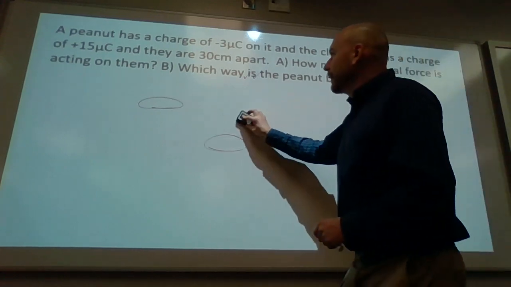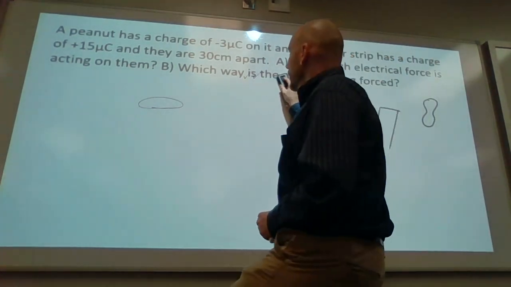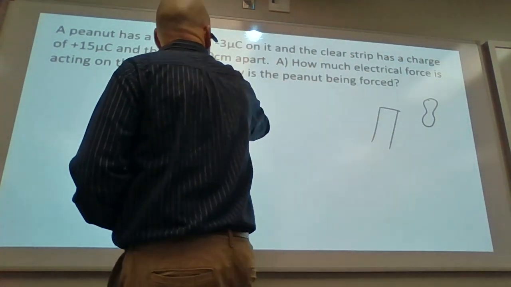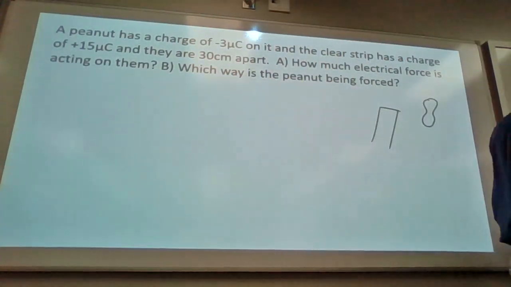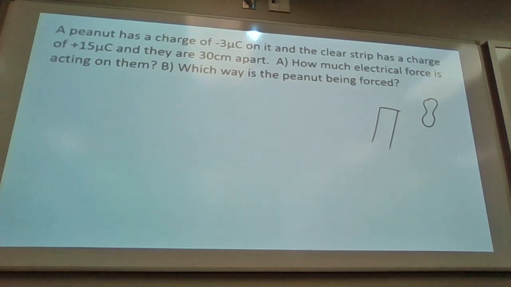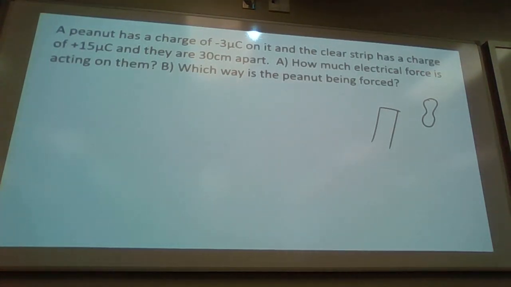A packaging peanut has a charge of -3 microcoulombs on it, and a clear strip has a charge of +15 microcoulombs, and they are 30 centimeters apart. How much electrical force is acting on them, and which way is the peanut being forced?